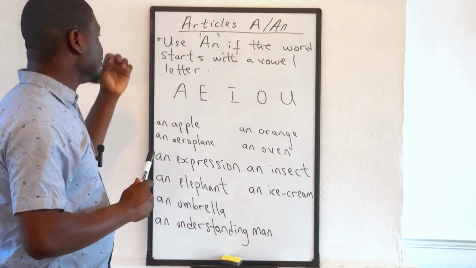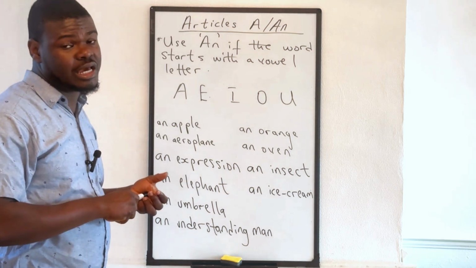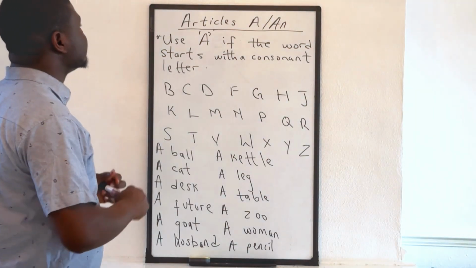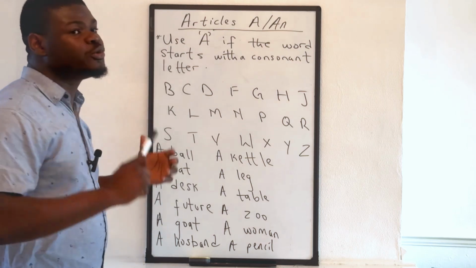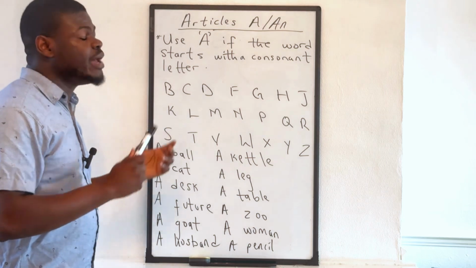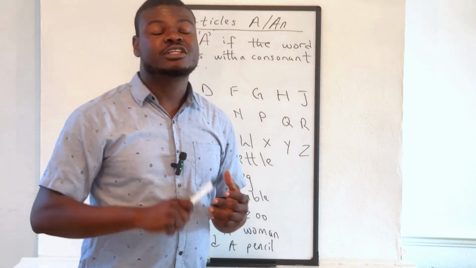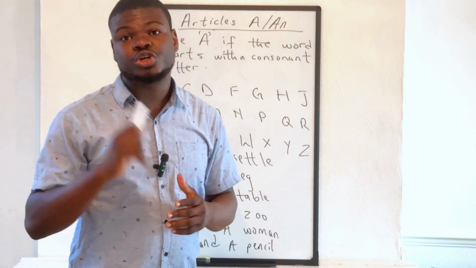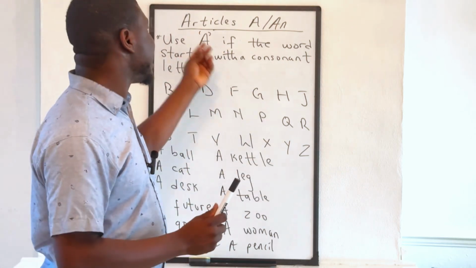The next one would be the rule for consonant letters. The next rule is this: use a if the word starts with a consonant letter. That means that if any word at all begins with a consonant letter, what you should use 90% of the time is a.